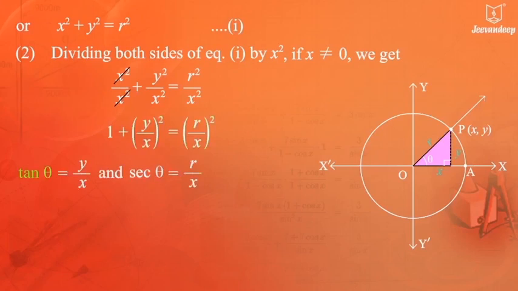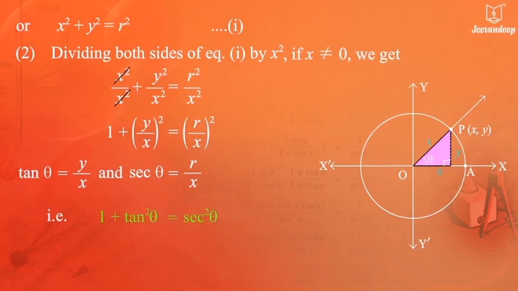As tan theta is equal to y upon x and sec theta is equal to r upon x, we get, that is, 1 plus tan square theta equals sec square theta.